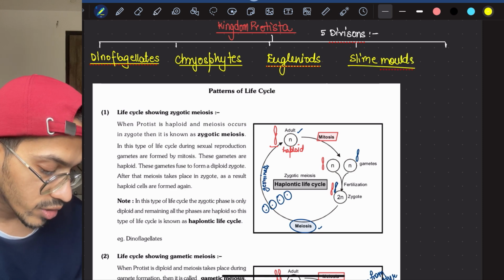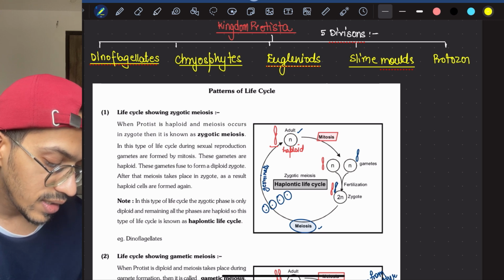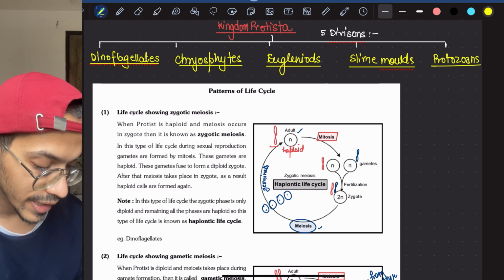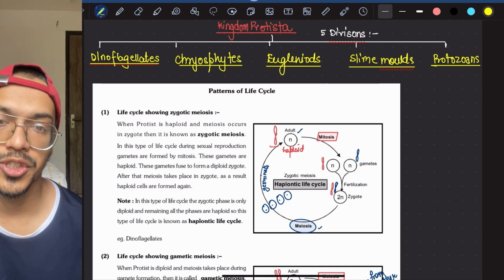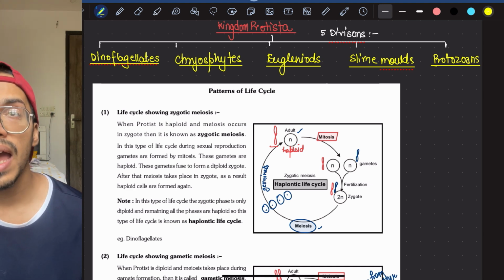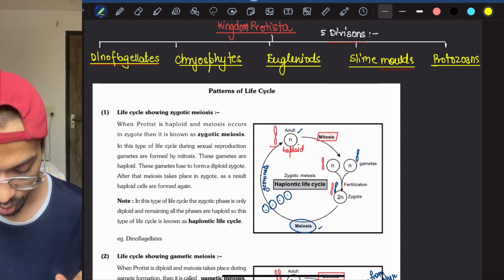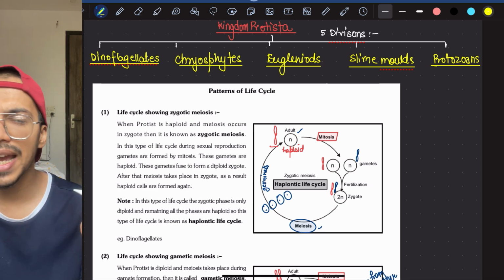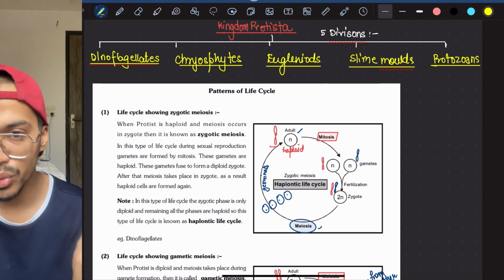After slime molds, we have Protozoans. So these 5 we have to study, and from here a very good level of questions can form. We will tackle it within the studying time. So the 5 are Dinoflagellates, Chrysophytes, Euglenoids, slime molds and Protozoans.